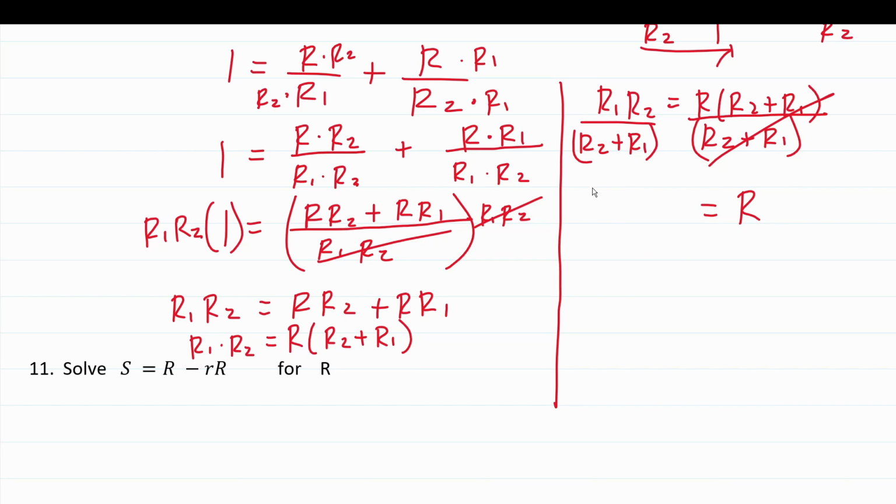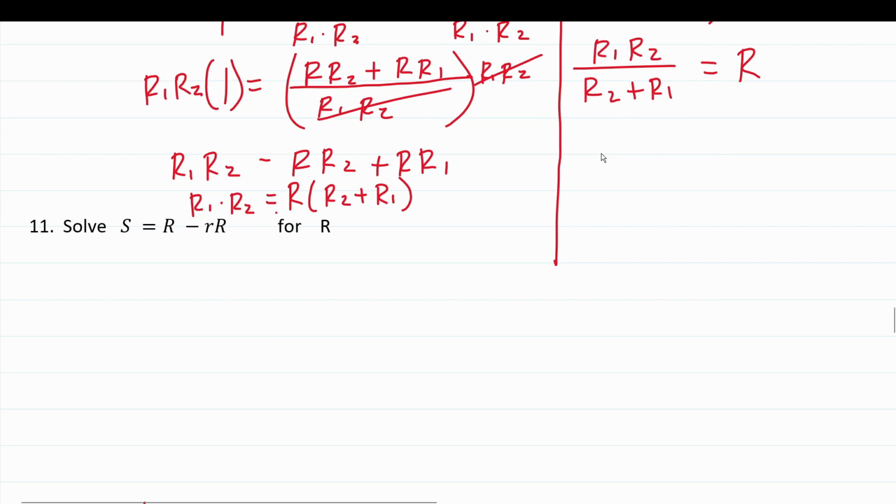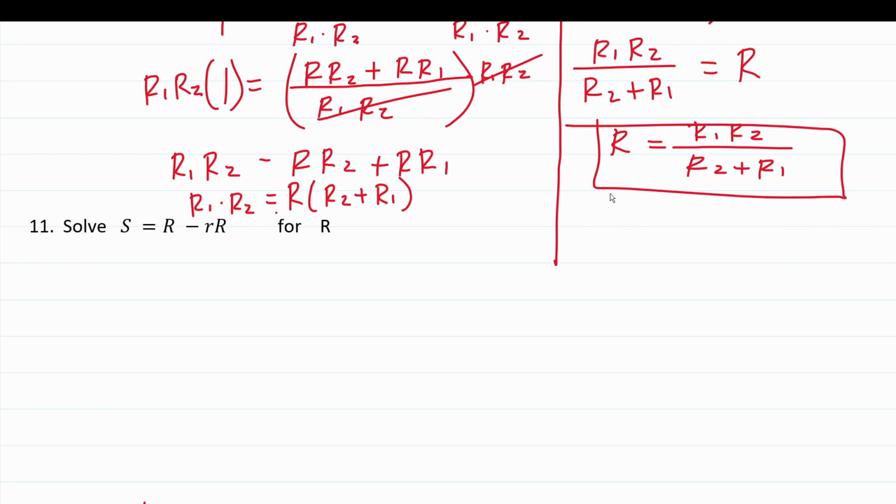And this, as we can see, is r1 r2 over r2 plus r1. In math, it's customary to write the variable for which you solved on the left. So this is going to be r equals r1 times r2 over r2 plus r1. And now we have solved for r.